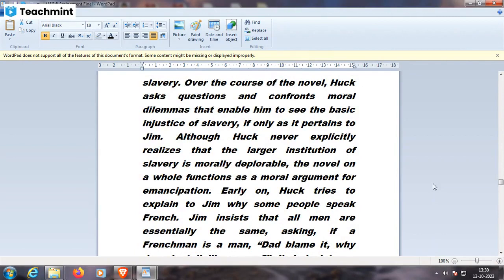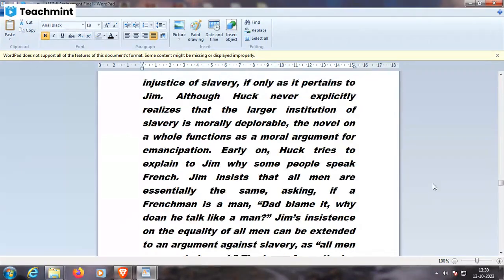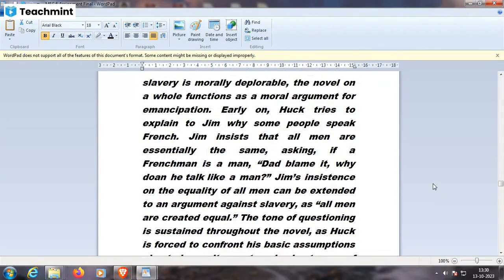Early on, Huck tries to explain to Jim why some people speak French. Jim insists that all men are essentially the same, asking if a Frenchman is a man. "Dad blame it, why doesn't he talk like a man?" Jim's insistence on the equality of all men can be extended to an argument against slavery, as all men are created equal.